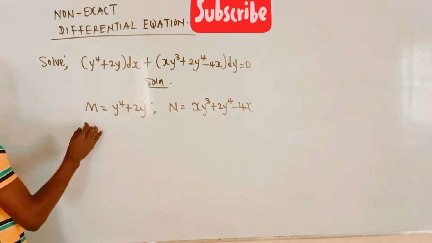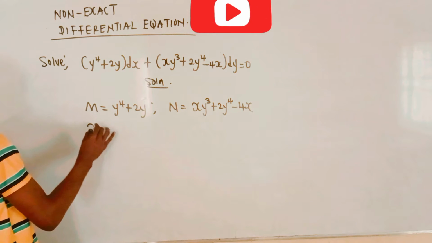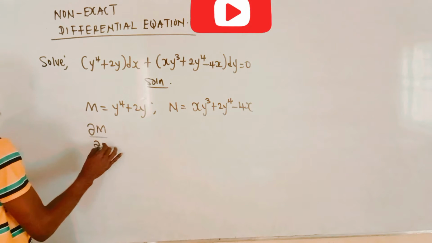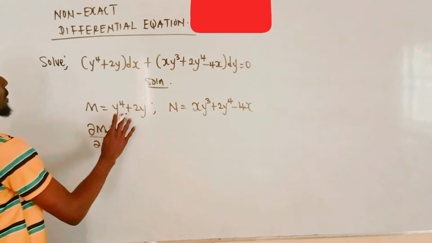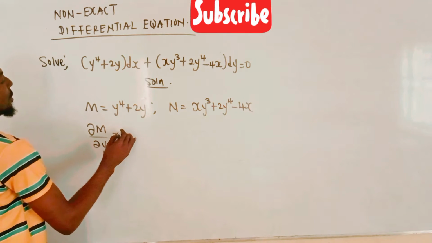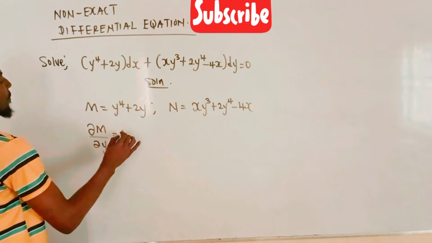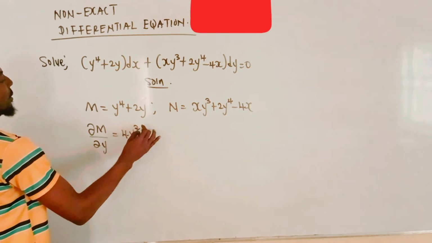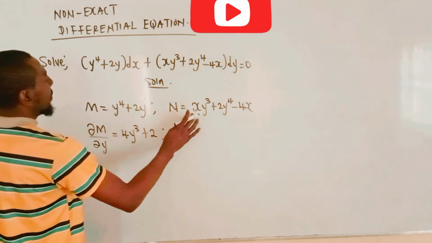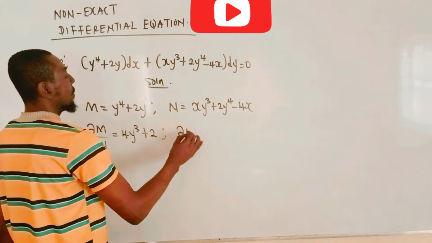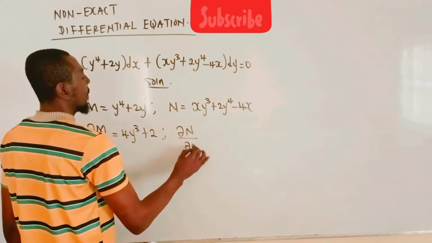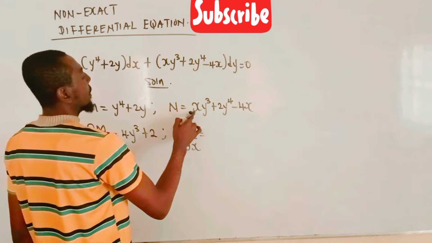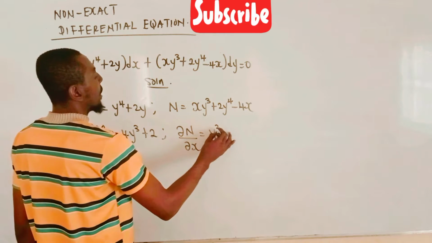So we're going to differentiate M with respect to y. Differentiating with respect to y definitely will give us 4y to the power 3 plus 2. Then differentiating N with respect to x, differentiating x is 1, so we have y³.